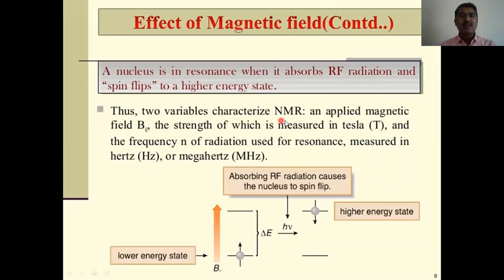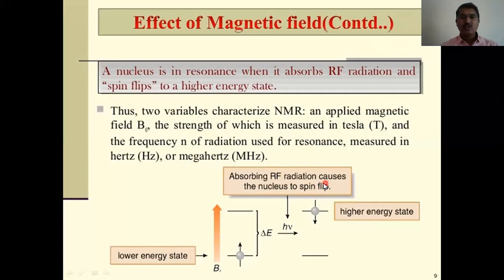Thus, two variables characterize the NMR: the applied magnetic field B0, the strength of which is measured in Tesla, T, and the frequency ν of the radiation used for the resonance, measured in Hertz or megahertz.